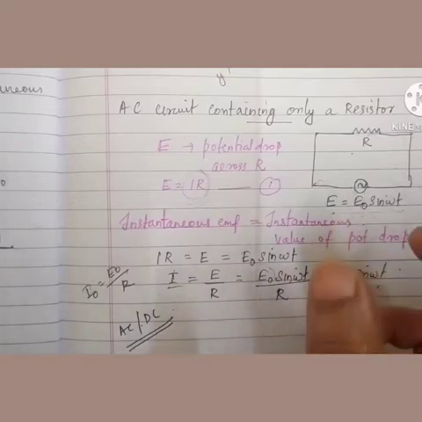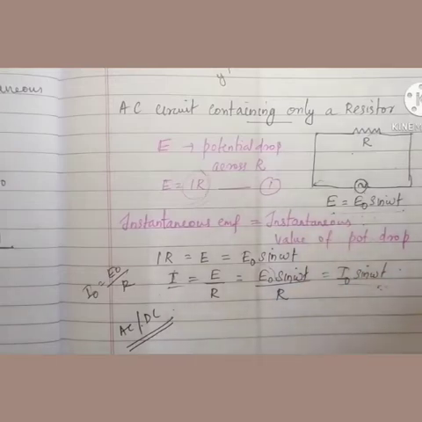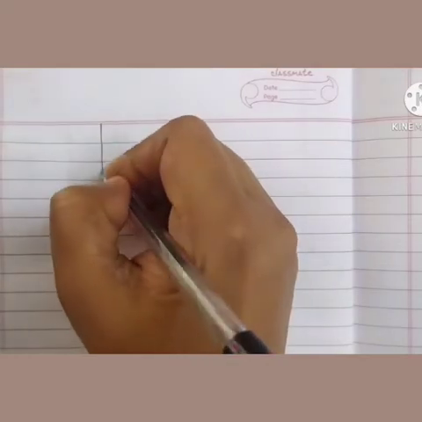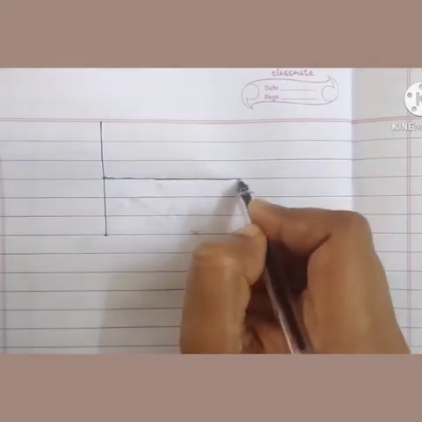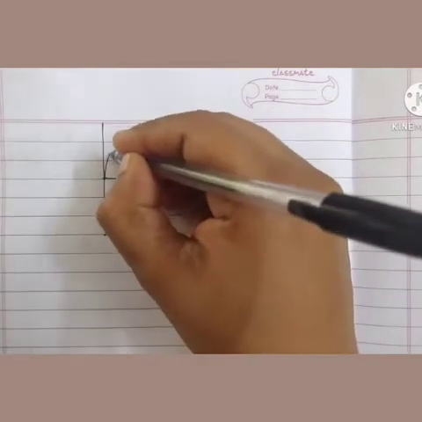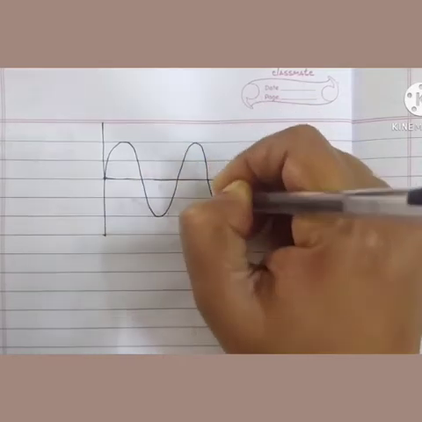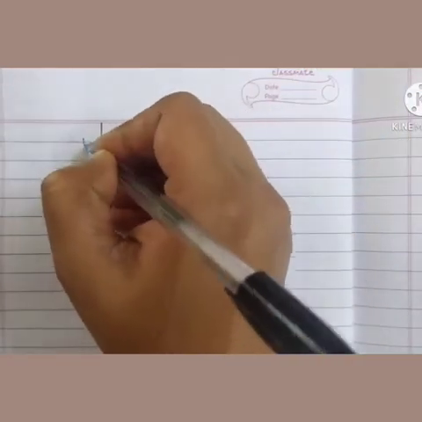Understood? So the graph will be like this because there is no phase difference. Both will start from the same point. First we will draw the EMF like this. This is the peak value E0.